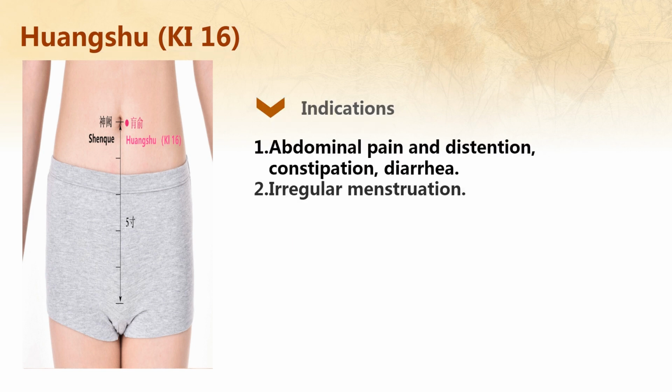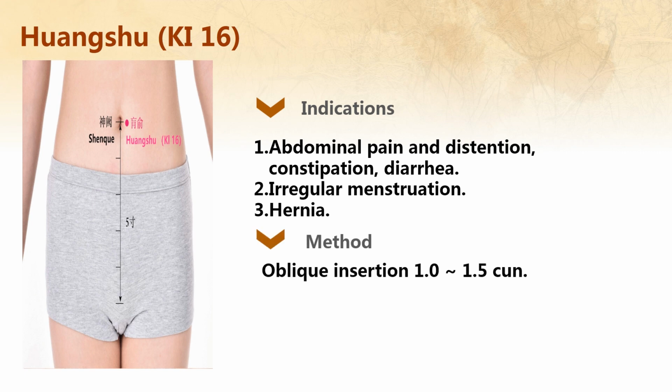The acupoint can cure abdominal pain and distension, constipation, diarrhea, irregular menstruation, hernia. The operation method of this acupoint is perpendicular insertion 1 to 1.5 寸.